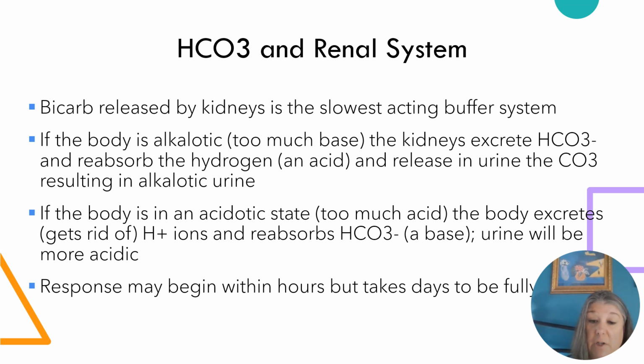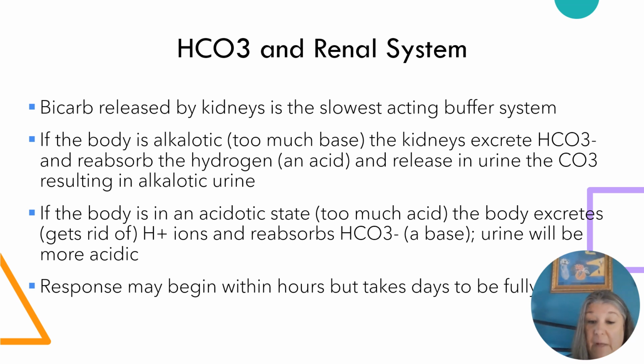All right, now we're on to bicarb and the renal system. So bicarb is released by the kidneys, but it is the slowest acting buffer system. All right, if the body is alkalotic, which is too much base, the kidneys excrete the bicarb and reabsorb the hydrogen, which is an acid, and release in urine the CO3, resulting in an alkalotic urine.